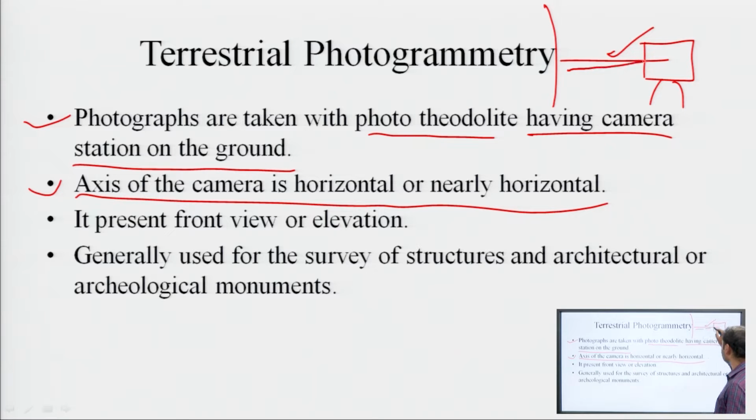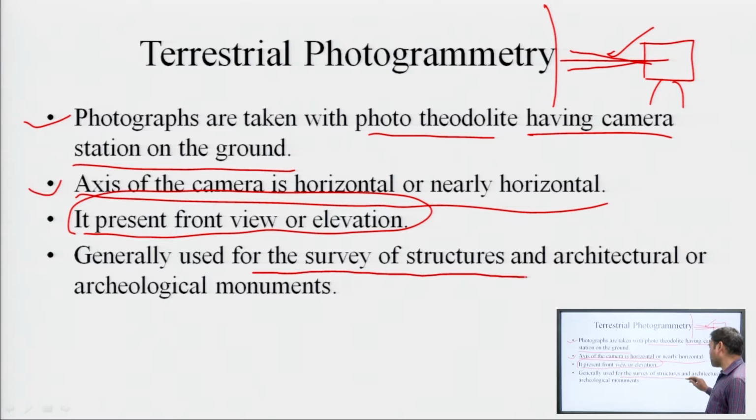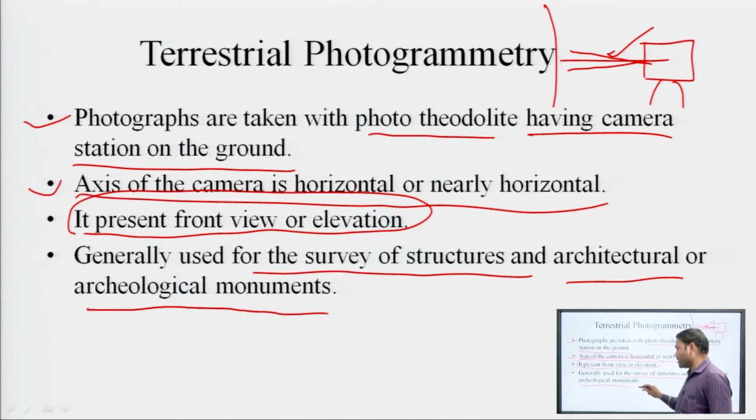It means it can be either this or this. This type of photogrammetry basically presents the front view, which is also known as elevation, and it is generally used for the survey of a structure, architectural or archaeological monument.